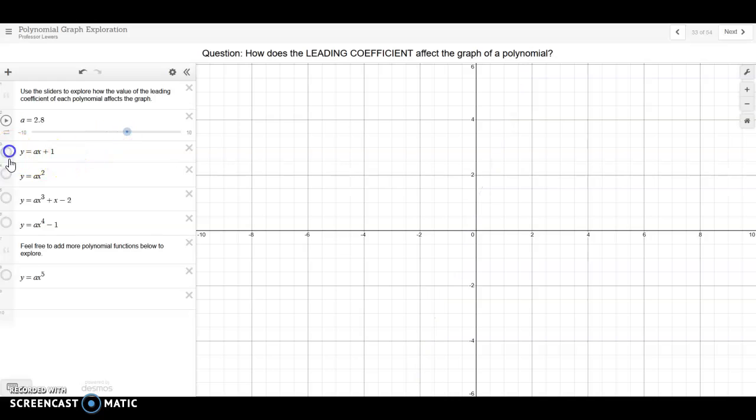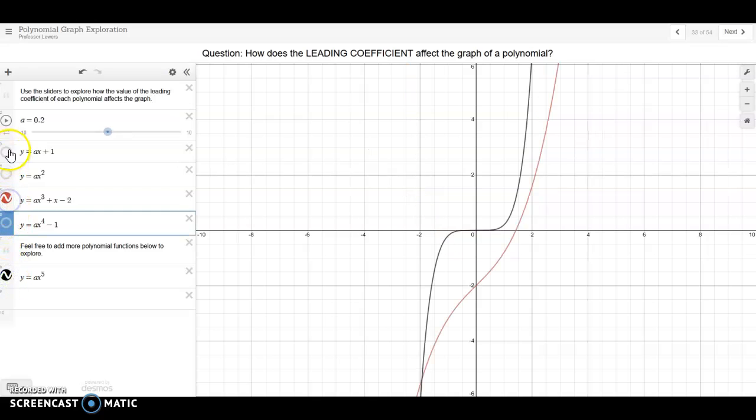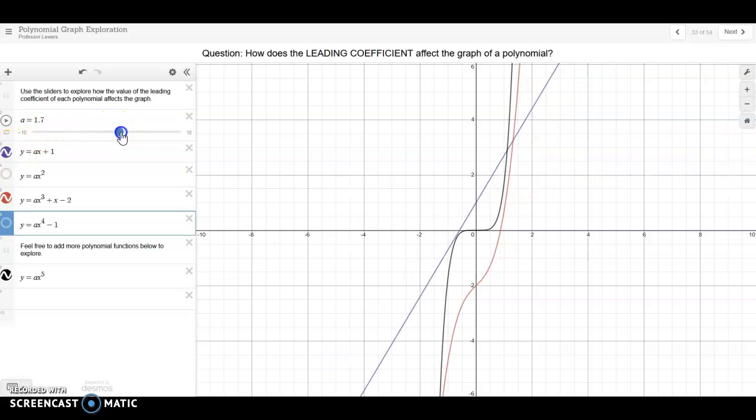Or you can look at two graphs at a time and see how A is affecting these two graphs. Or you could look at just the graphs that have even degrees and see how those are being affected by the A. Or you can look at just the odd degrees and see how those are being affected.